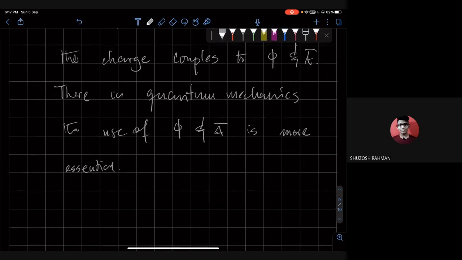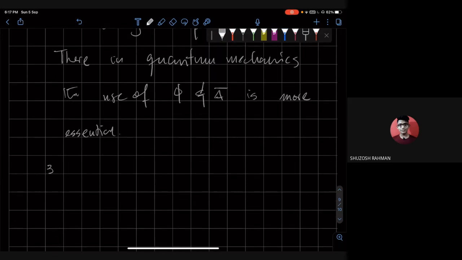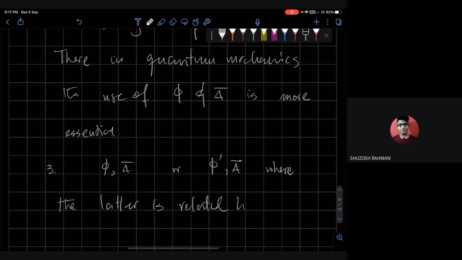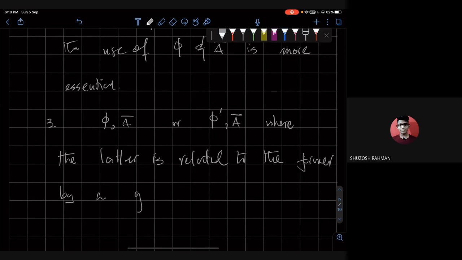So the third comment that I have to make is that you can choose phi and A to solve a problem, or you can choose phi prime and A prime, where the latter is related to the former by a gauge transformation.